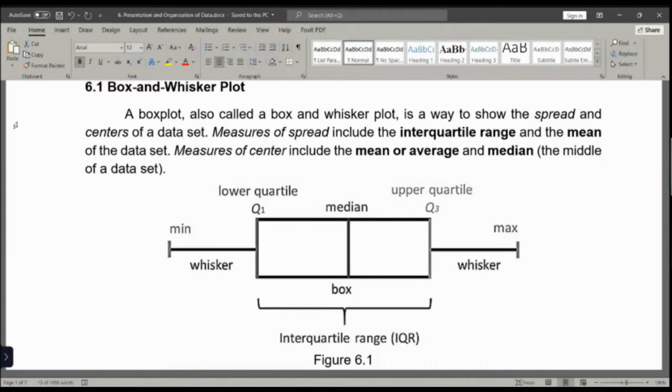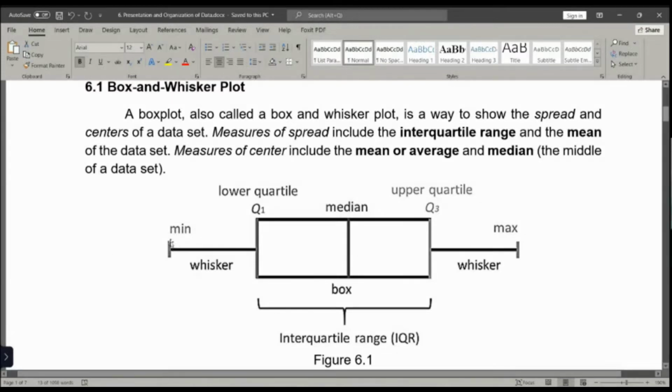Now, this is how the box and whisker plot looks like. See that we have here 5 values.